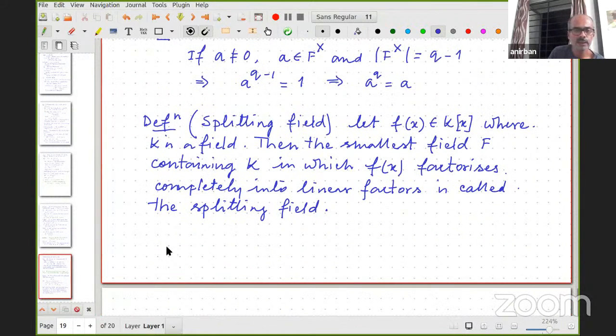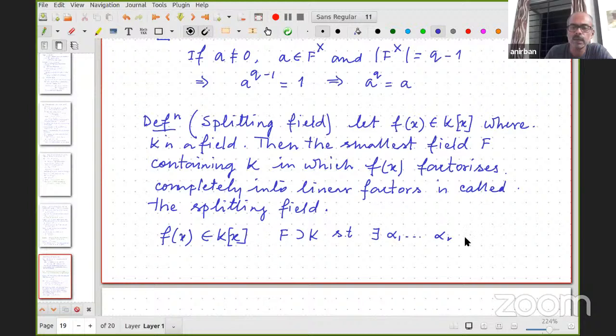So what I mean is you have a polynomial f(x) with coefficients from K[x], and if you have a field F containing K such that there exist some alpha 1, alpha 2, ..., alpha n elements in F such that f(x) is (x minus alpha 1) through (x minus alpha n).